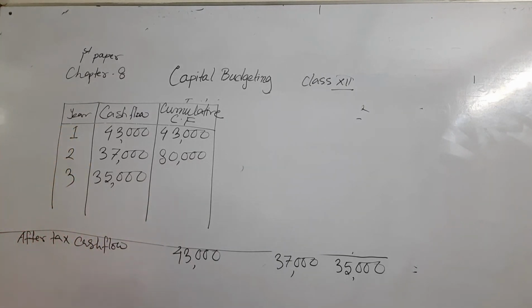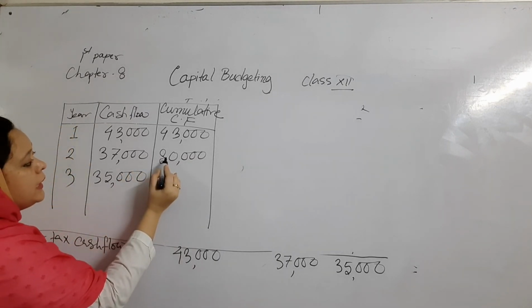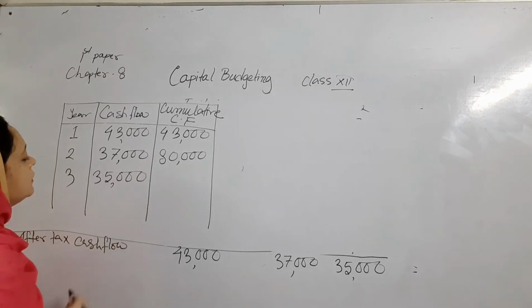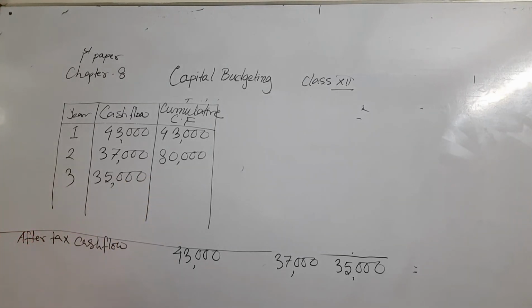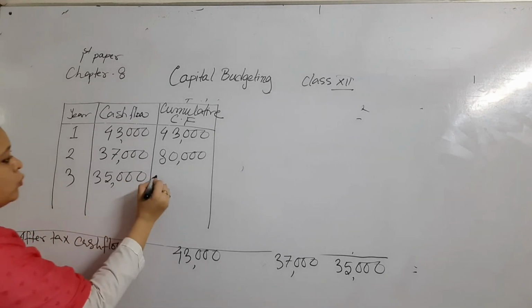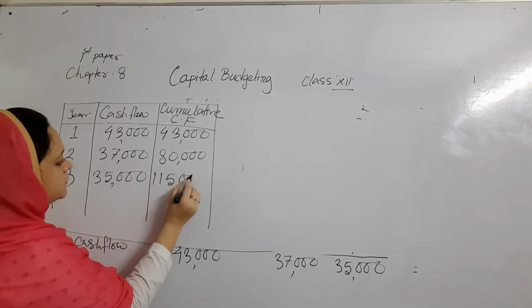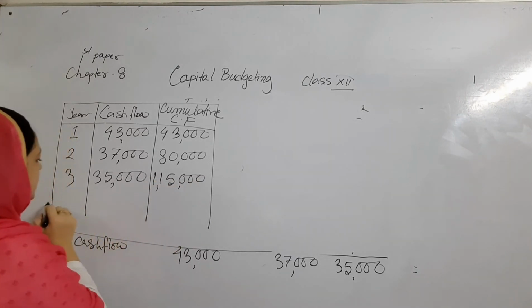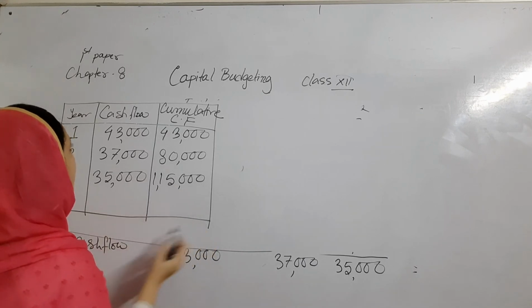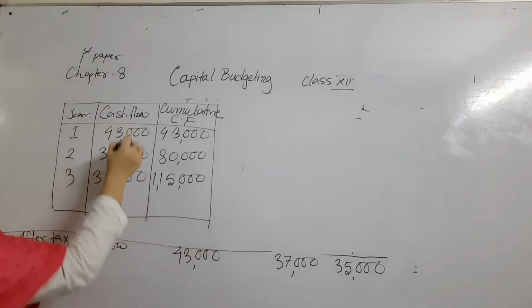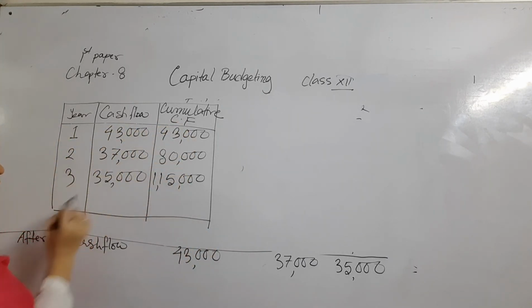Next step, we add 80,000 with 35,000, and the result is 1,50,000. This is the cumulative of cash flow.